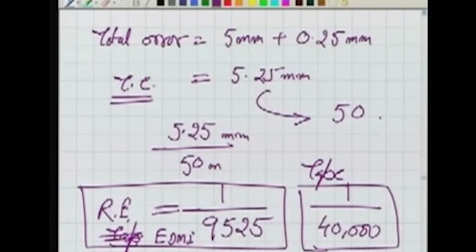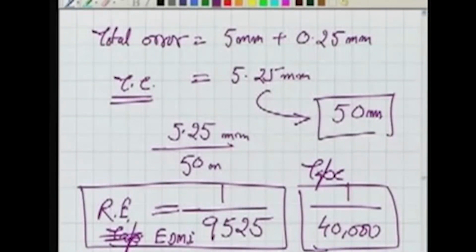In the case of the tape, in measuring 40,000 meter, the probable error is 1 meter. While in the case of the EDMI, in measuring around 9,525 meter, the probable error is 1 meter.